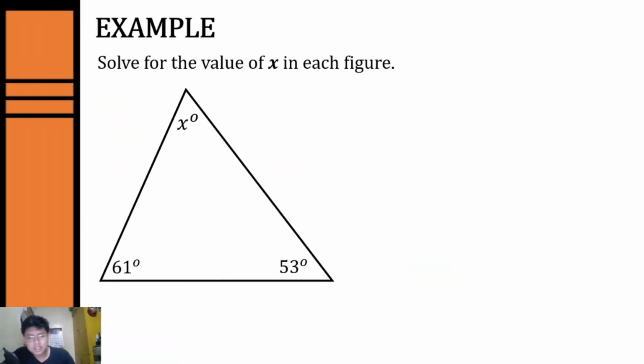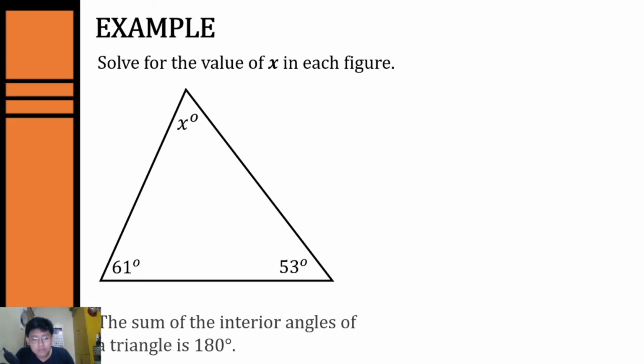Let's have an example. We're going to solve for the value of x in our figure. In this case, our variable x is one of the interior angles of this triangle. In order for us to solve for this value of x, we will use the theorem: the sum of the interior angles of a triangle is 180 degrees. So let's add all the interior angles.